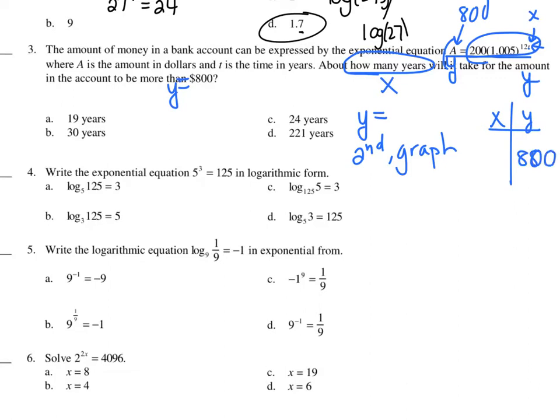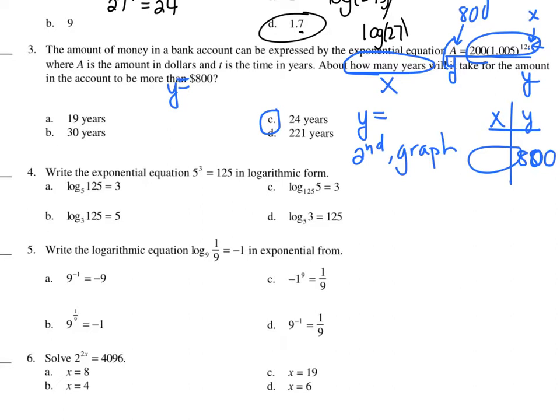So scroll down to where y is 800, and the number next to it, approximately, will be your answer, and in this case, it's going to be 24. So after 24 years, there will be more than $800.